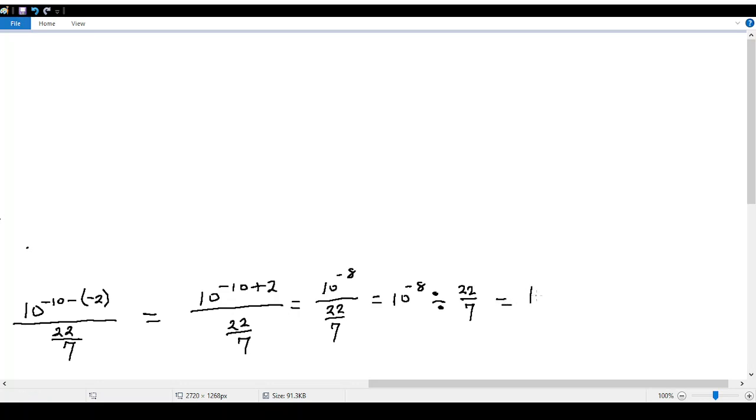So we have here 10 raised to power minus 8, having an imaginary one here, times, the division sign has changed into a multiplication due to what we call reciprocal.